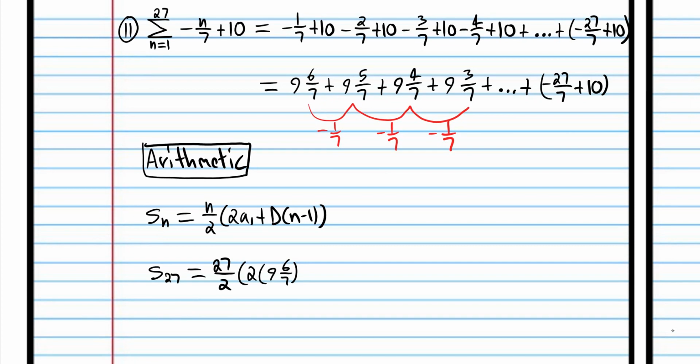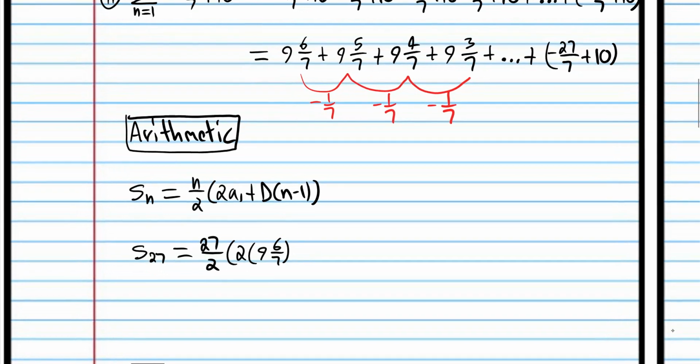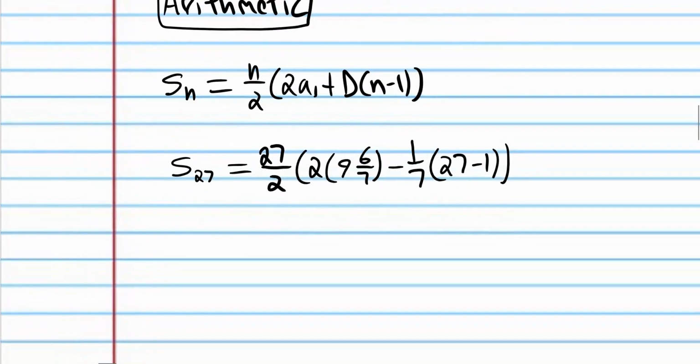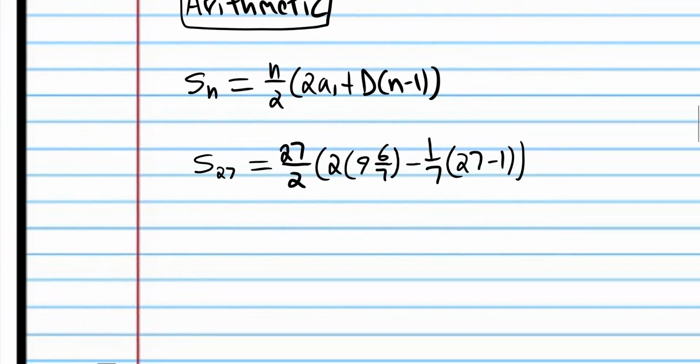Normally we wouldn't want to write that as a mixed number, but it's hard to write this as a decimal, obviously. The common difference is negative 1/7, and n again is 27. Okay, so now all we have to do is simplify. So I'm going to keep that as 27 over 2 for now.